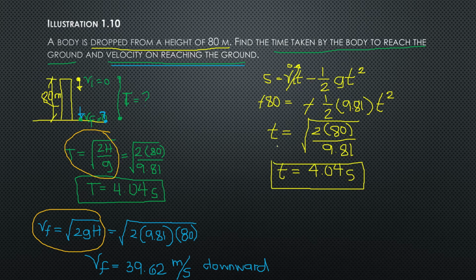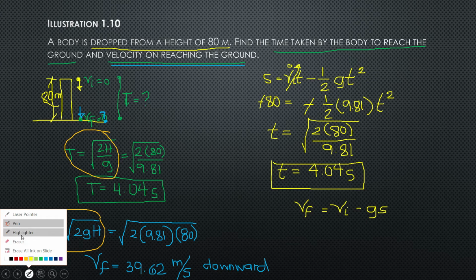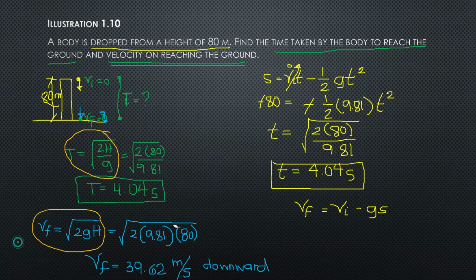Okay, and for solving the final velocity, you can use the formula final velocity is equivalent to initial velocity minus acceleration due to gravity times time. I mean time, we're given time.